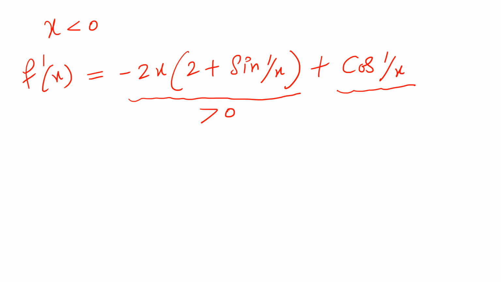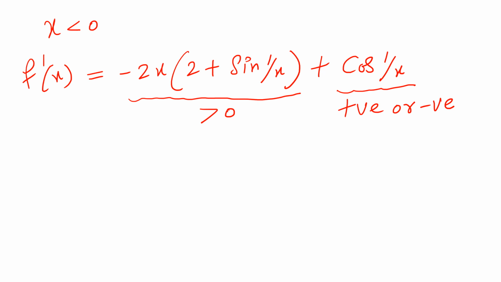Now cos of 1 by x may be positive or may be negative. It depends upon in which quadrant 1 upon x lies. If 1 upon x lies in the first or fourth quadrant, then cos of 1 by x is positive, and hence f dash x is also positive. This means f of x is increasing. But if 1 upon x lies in the second or third quadrant, then cos of 1 by x is negative.